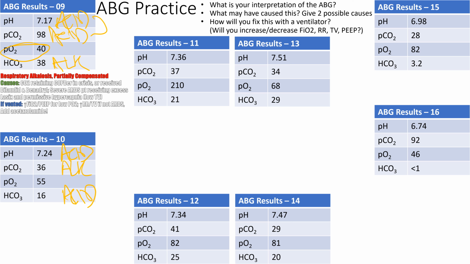CO2 at 36, right? They're breathing a little bit fast. I expect the DKA by the 36, but a little bit lower if they're really trying to compensate. But they are compensating, right? Partial, or not even, it's actually uncompensated because they're not there yet. If it was 34, they'd be partially compensated technically. PO2 at 55, it could be a pneumonia patient, a DKA patient with pneumonia, right?